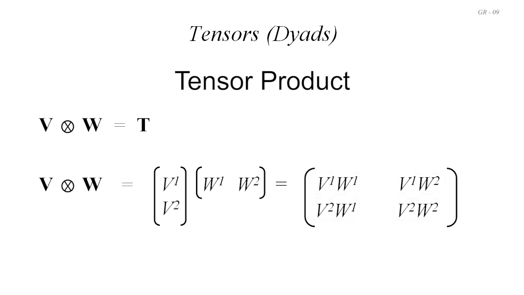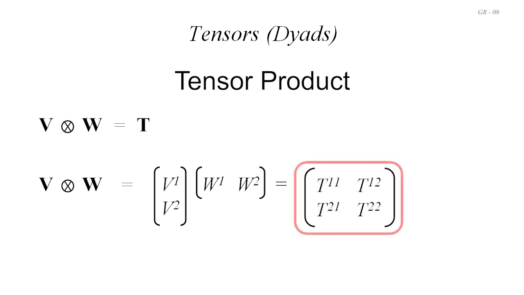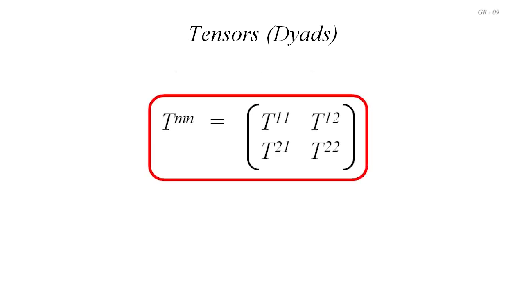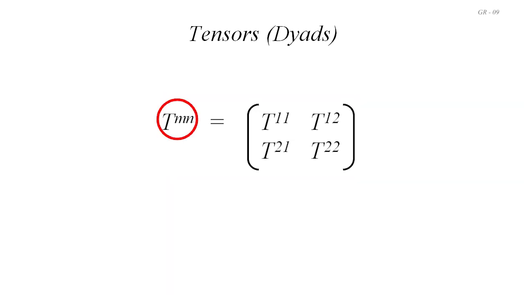Note also that on account of the fact that we chose, in this particular case, to represent the vectors in terms of their contravariant components, those with upper indices, the tensor from this particular tensor product will be written with 2 upper indices, and we could replace the 4 VW scalar expressions inside the matrix brackets with indexed t's, like this. We would usually write the tensor simply as T^mn equals T11, T12, T21, T22, where you can see that this is really representing the tensor components.